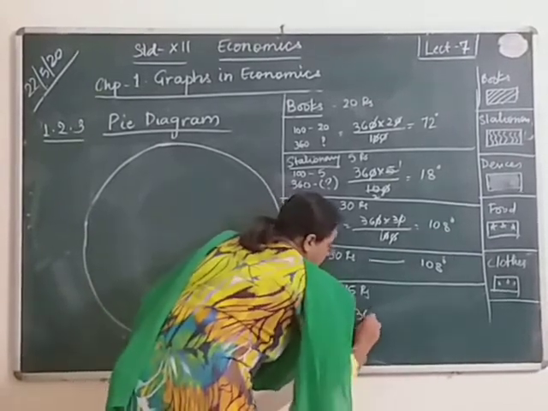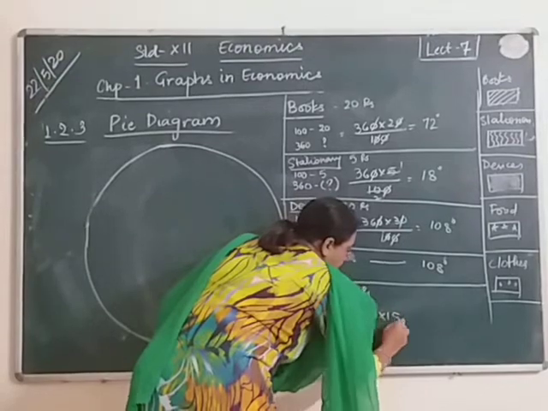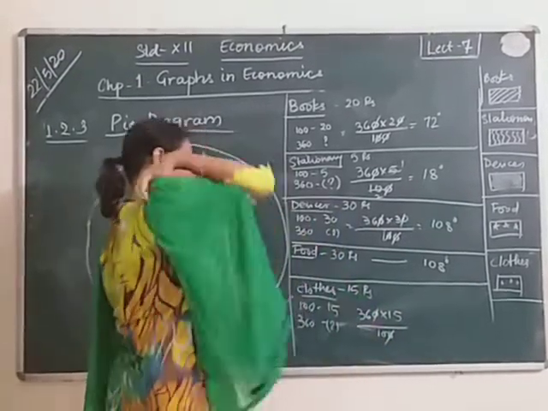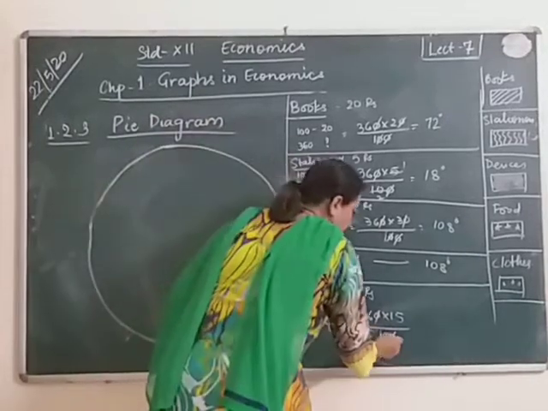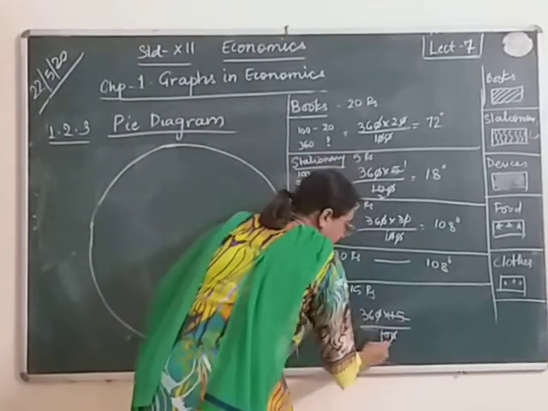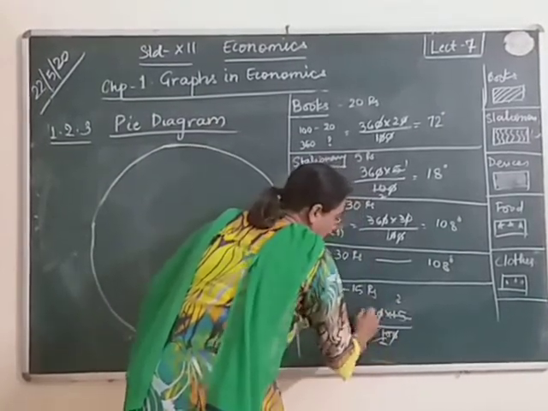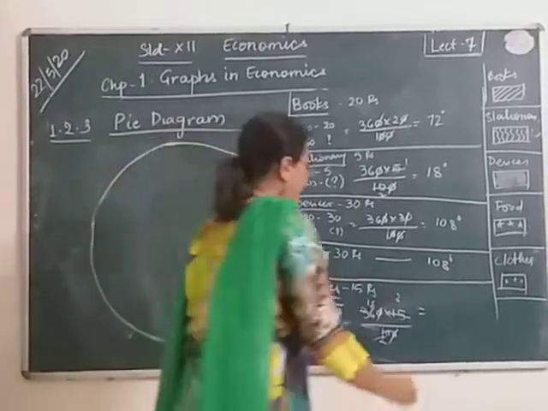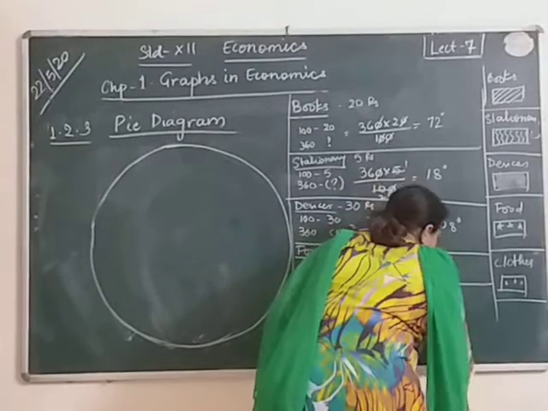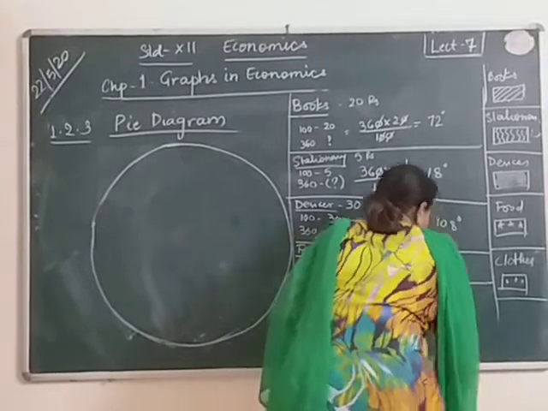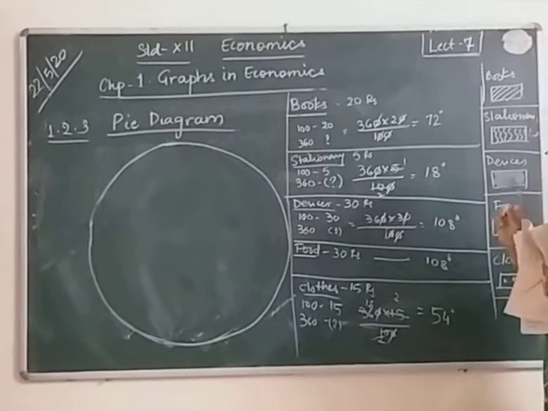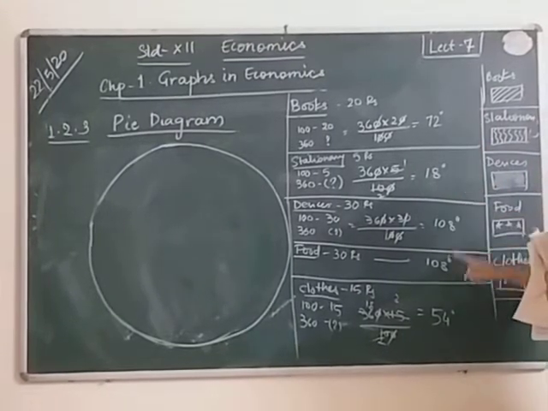So 360 multiplied by 15 upon 100. That comes to 18 threes are 54. So 54 degrees.